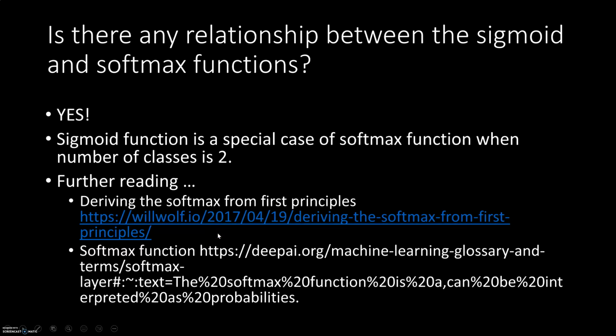These are the only 2 references that I found online about the relationship between the 2, and they are really good, especially the first one. It goes into the full math of how we can derive the sigmoid function from the softmax function. So I encourage you to read through these if you are interested in learning more.